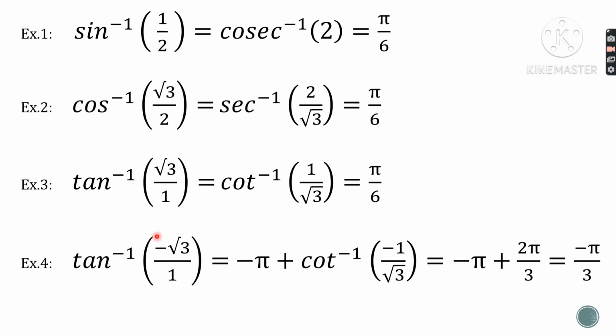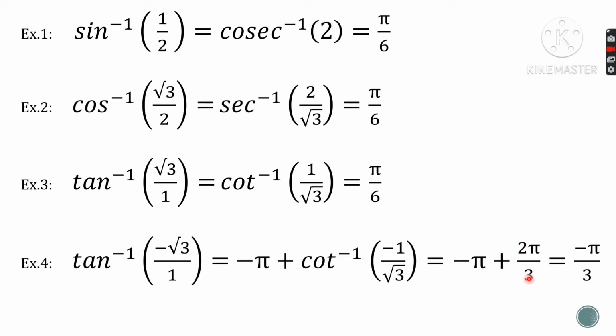But when the x value is negative, let's see what happens with tan. So tan inverse of minus root 3 by 1 is equal to minus pi plus cot inverse of minus 1 by root 3. Okay. So according to the property, we have written this: minus pi plus cot inverse of minus 1 by root 3. And cot inverse of minus 1 by root 3, this value lies in the second quadrant.